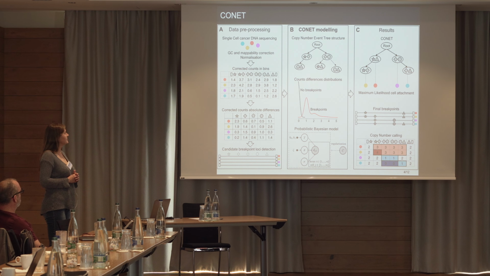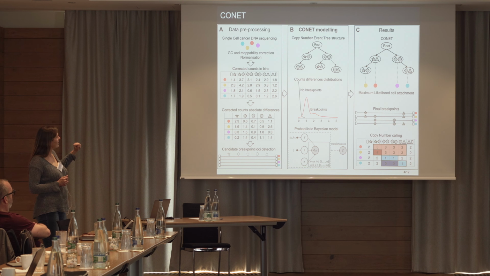In this way, we obtain the per-bin data, so the corrected counts in genomic bins. The cells are in rows, and the genomic bins are in columns. Again, we further transfer this data into the per-breakpoint data. So this time, we have in columns genomic loci, not genomic bins. And the cells are still in the rows.